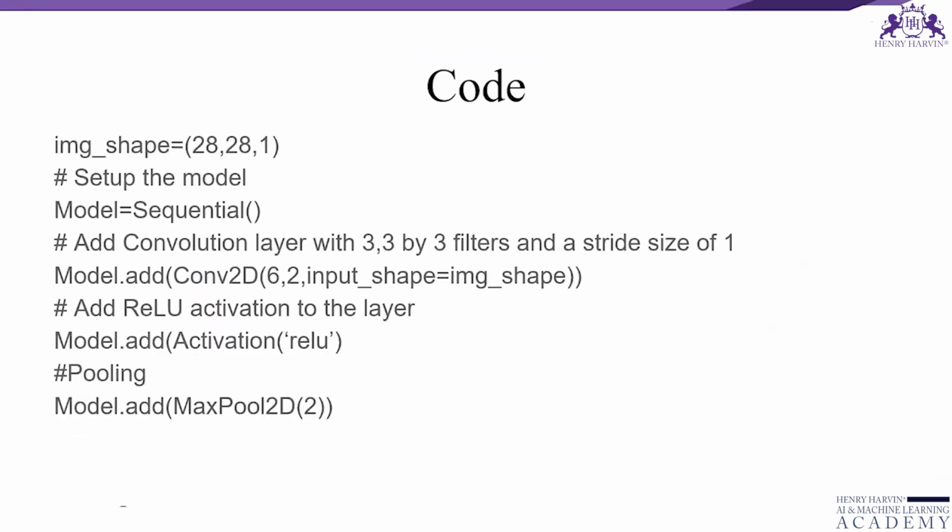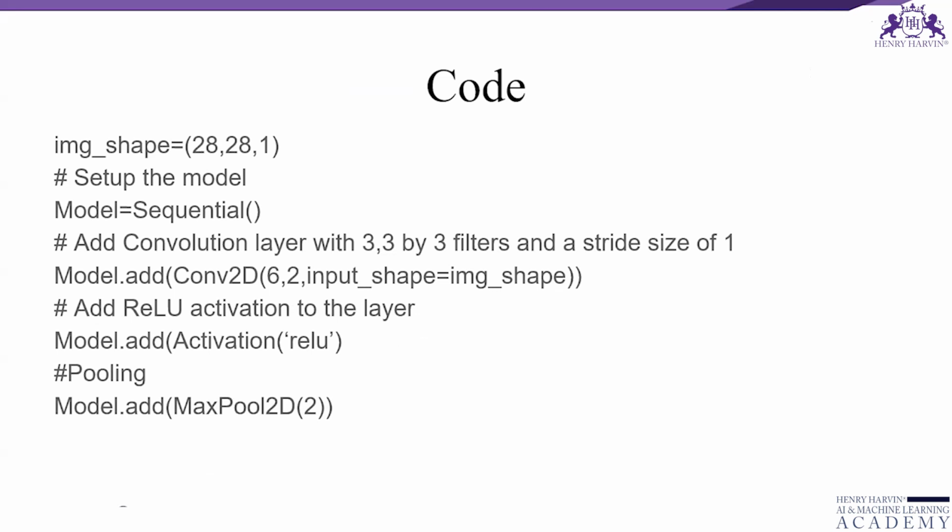In case you write the code, how do we write it? Maybe I have written img_shape equal to 28, 28, 1. Let it be the shape. How am I setting up the model? Model is equal to Sequential, and I'm adding some convolution layers. For that, I write model.add Conv2D 6, with input_shape equal to img_shape.